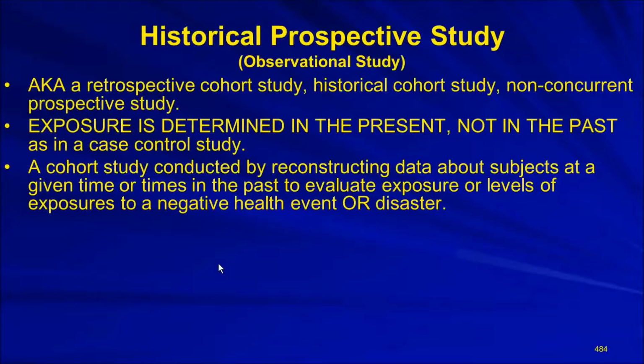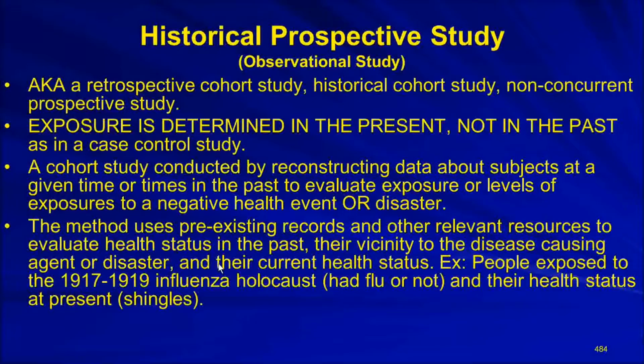Okay, if you keep that in mind, you got it. The method uses pre-existing records and other relevant sources to evaluate health status in the past, or somebody's vicinity to the disease causing agent or disaster, and their current health status.